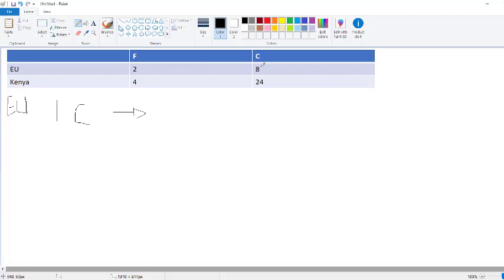So if you need to produce 1 carbon, you need 8 laborers. So to gain 8 laborers, you have to sacrifice 4 food, because each food is 2. This is to produce 1 carbon.